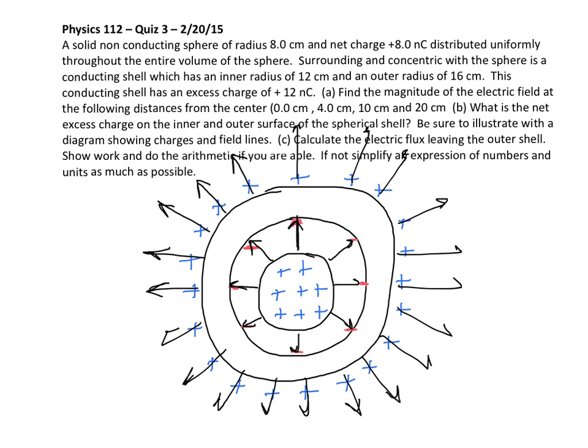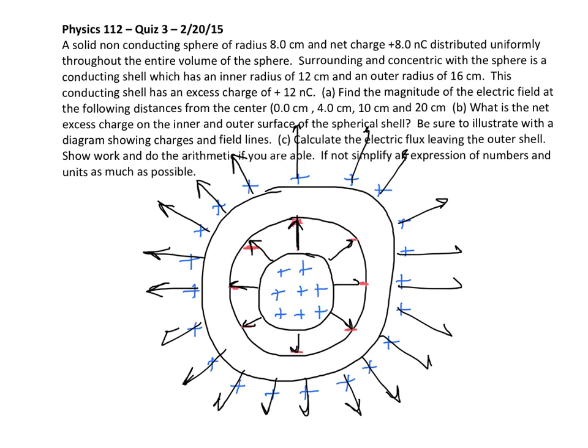There's now 20 charges on the outside, and so the field out here looks like the field due to 20 point charges at the center of the sphere. And we have 8 plus 12, that's the 20 charges. Okay, it all makes sense.